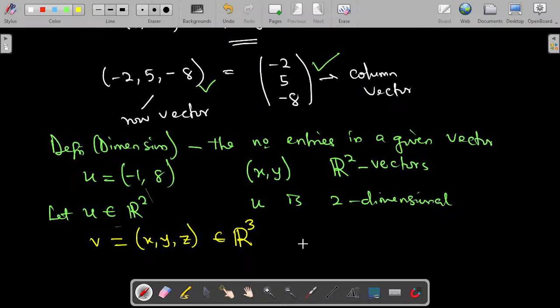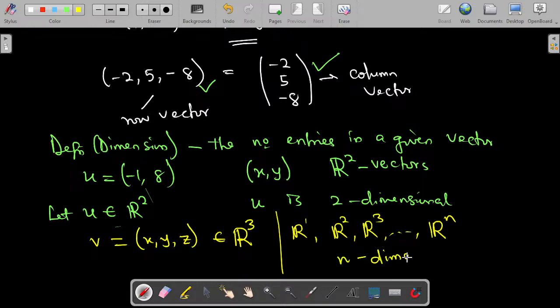So that means we have R1, R2, R3 vectors, up to Rn vectors. These are called n-dimensional vectors, where n stands for the dimension.